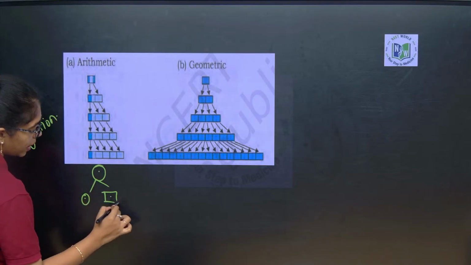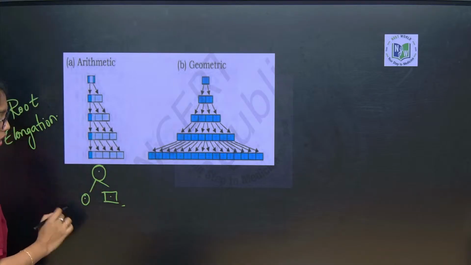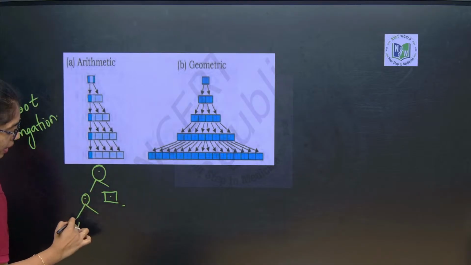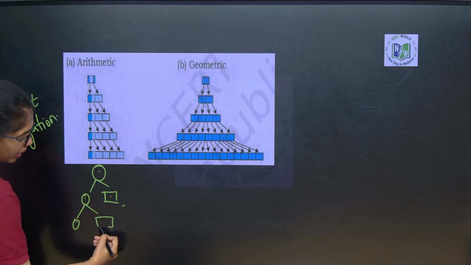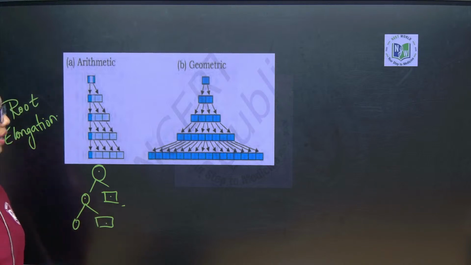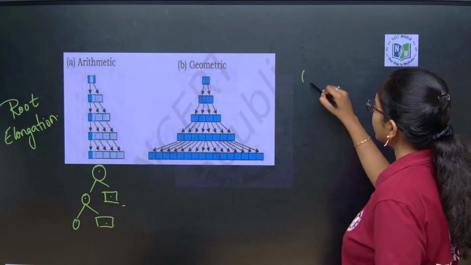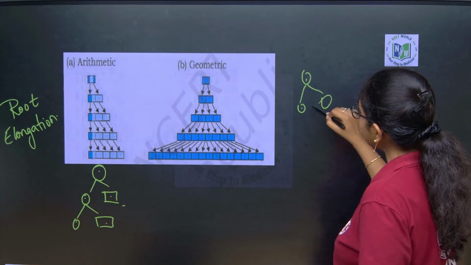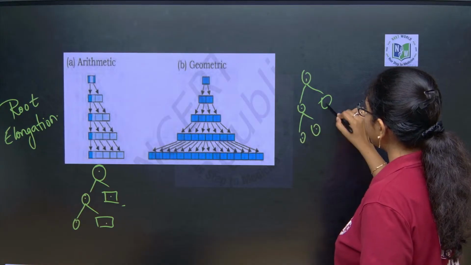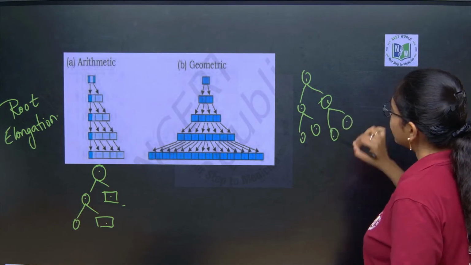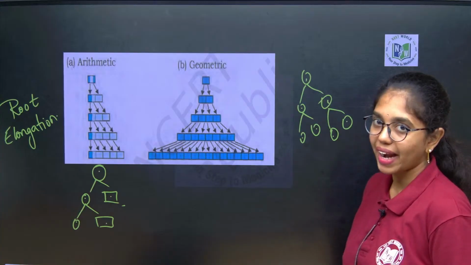This permanent cell will have its functional role, and this meristematic cell will again undergo division, of which one cell gets permanent and one is meristematic. In geometric growth, one cell divides into two, all the cells will undergo cell division and further increase the cell number. The best example is bacterial culture.